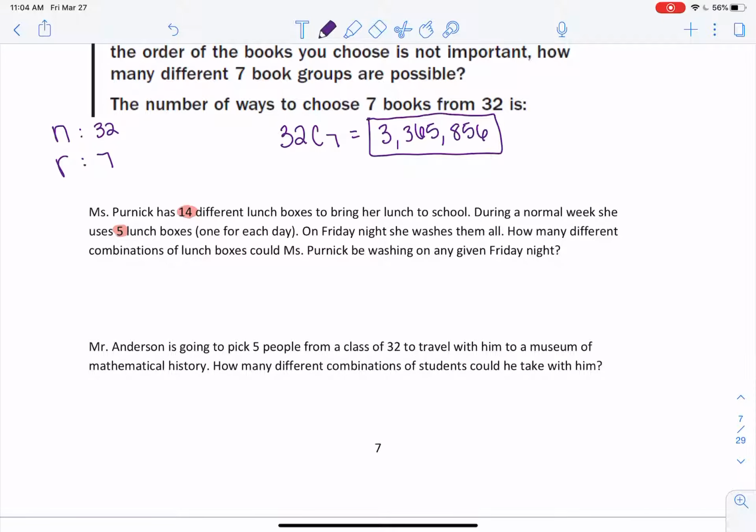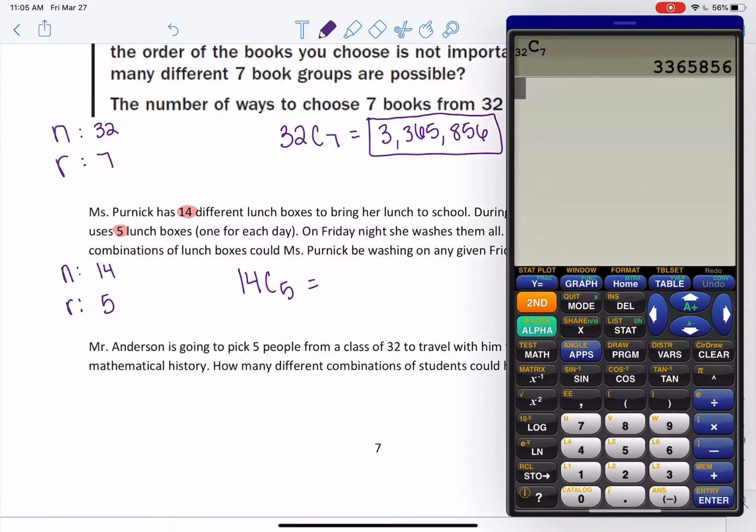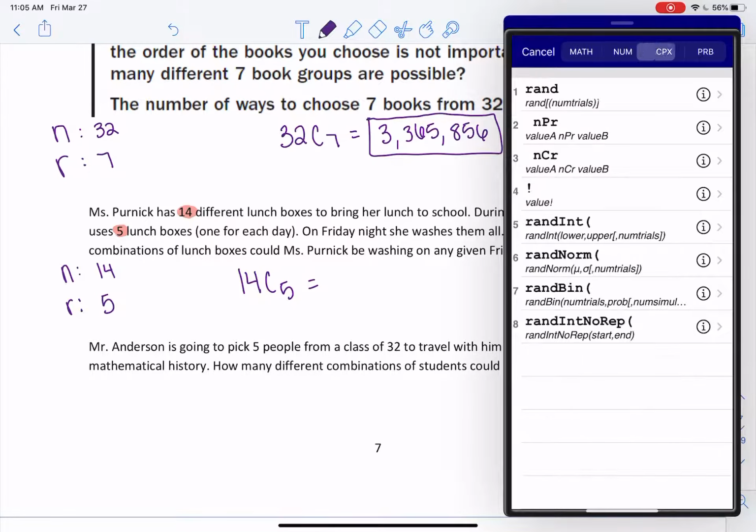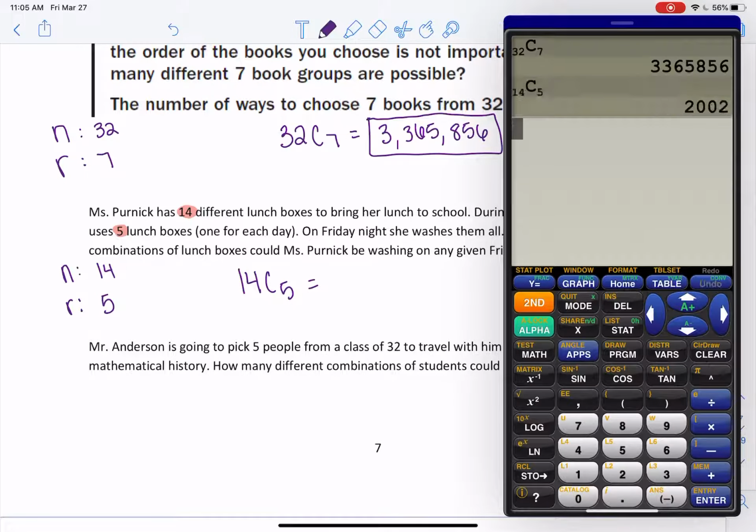We're not picking somebody for first, second, or third place, like awards. So we've got 14 of them, and we could be choosing 5. So 14 choose 5, and that would be 2002.